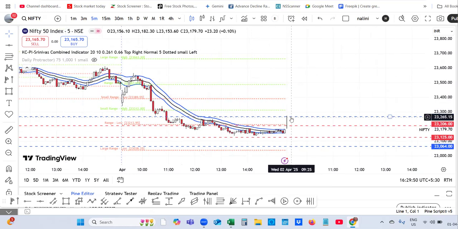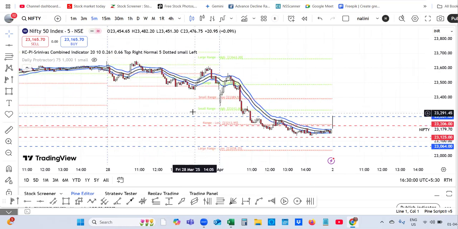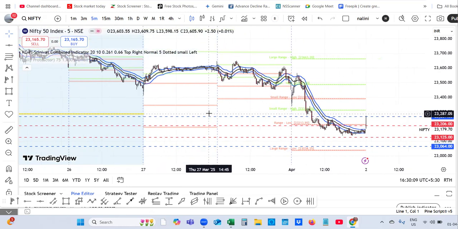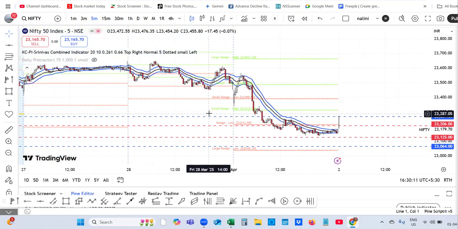So suppose tomorrow, after testing this lower level, 23,129, if it starts reversing and trades above this, a reversal will come in the market. And this is the value area corresponding to once it crosses 23,287, the market will become positive, and you can anticipate a reversal trade on Wednesday and Thursday in the market.